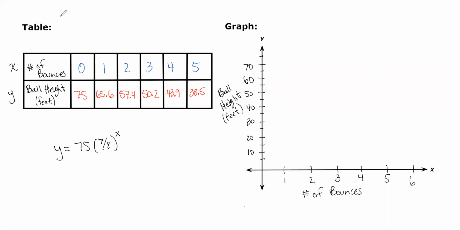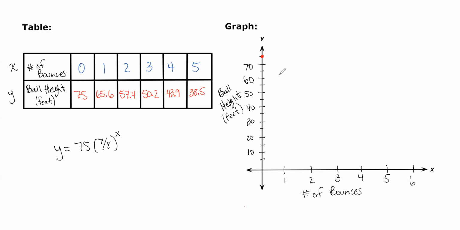All right. So now let's mark our points using our table. At 0, we're at 75 feet. So we'll put a mark at 75 right on the x-axis. Then our next point is at 1.